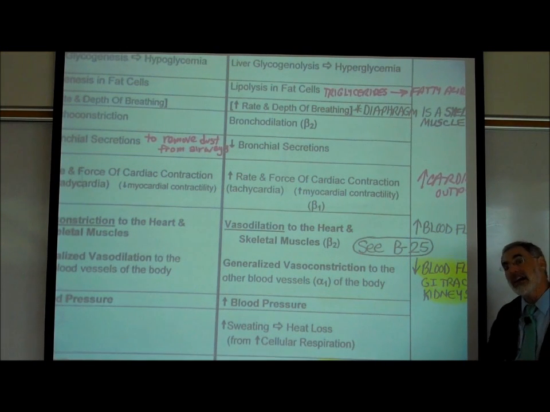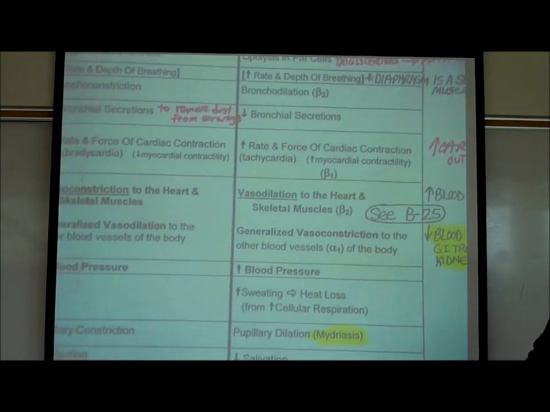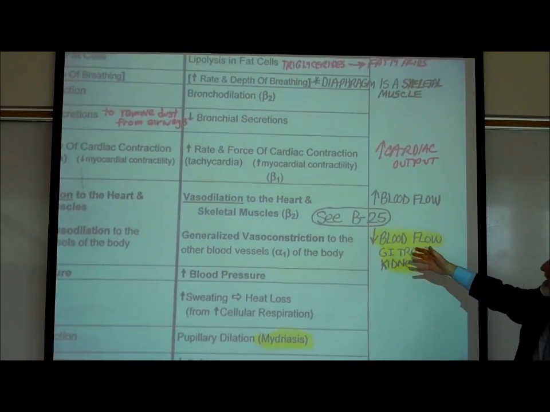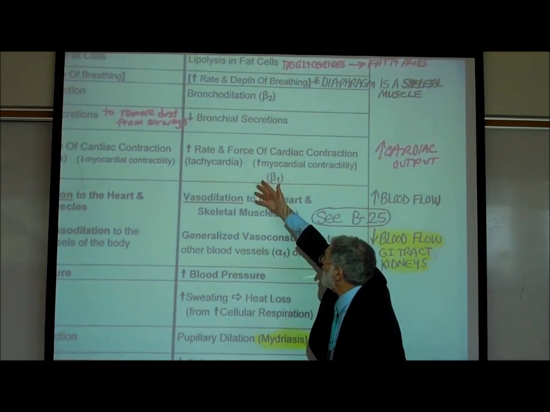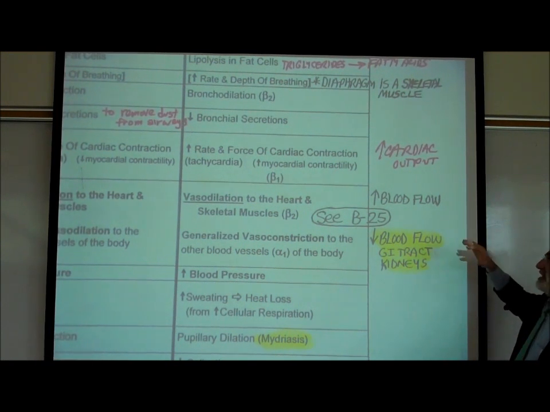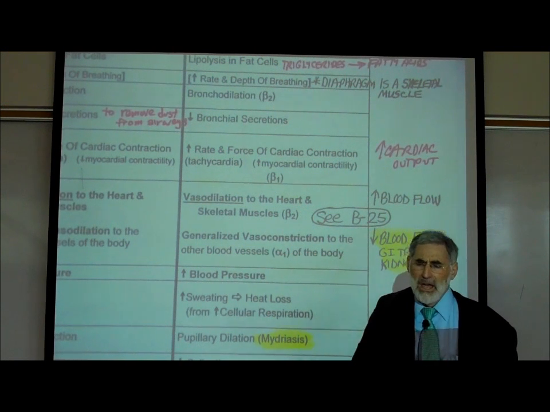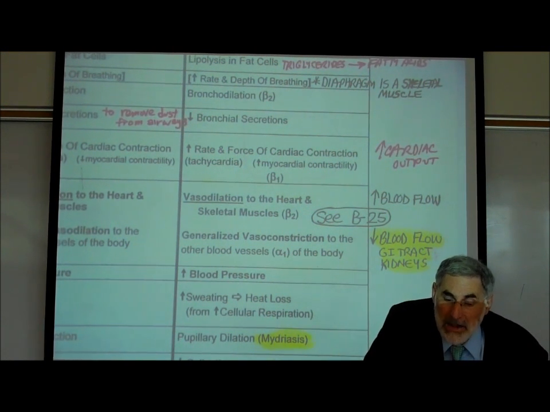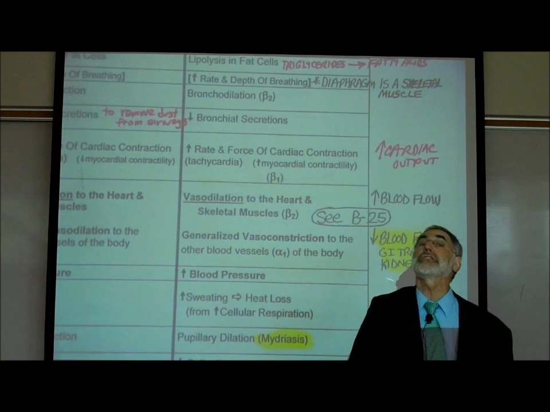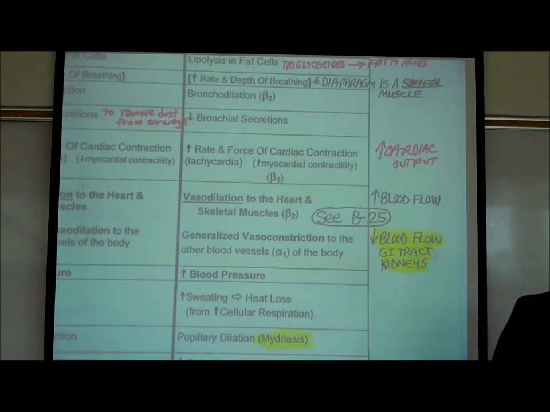And we will talk about those drugs as we go on. Incidentally, this increased rate of contraction, tachycardia, and the increased force of contraction, increased myocardial contractility, increase your cardiac output. That just means that your blood flows 2 or 3 times faster through the vessels of your body than normal, than when you're sitting. So that's delivering those nutrients at a fast rate.